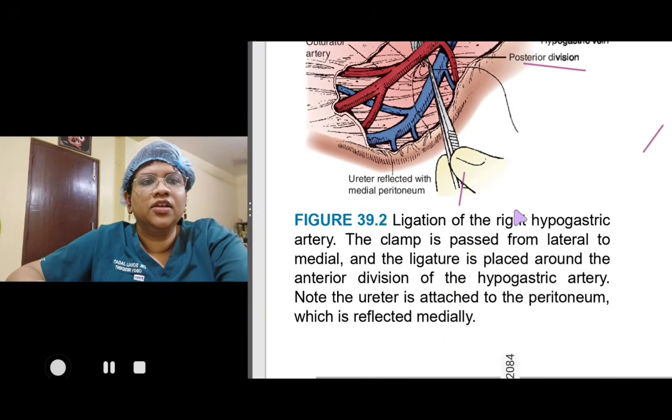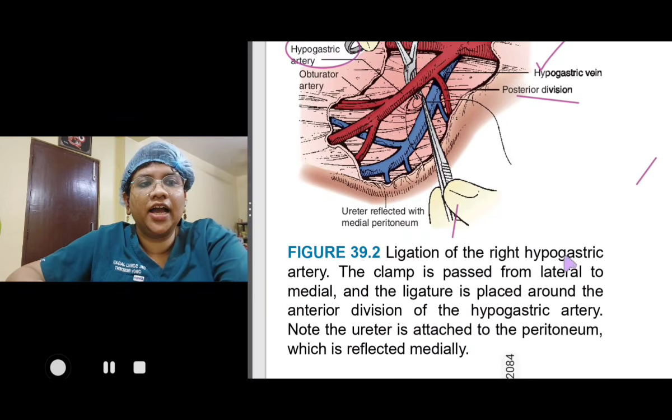Now let's see. So you can see ligation of the right hypogastric artery, where the clamp is passed from lateral to medial and the ligature is placed around the anterior division of the hypogastric artery, and the ureter is attached to the peritoneum, which is reflected medially. So we should know that the ureter is medial to your hypogastric artery, and you are pushing it away or reflecting it along with the peritoneum medially.